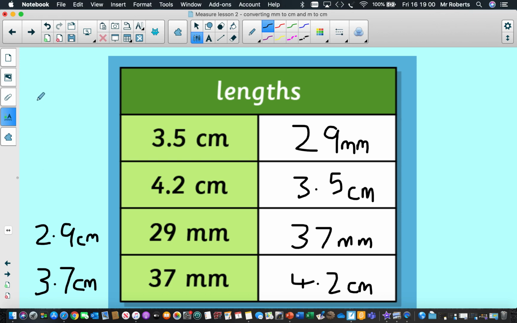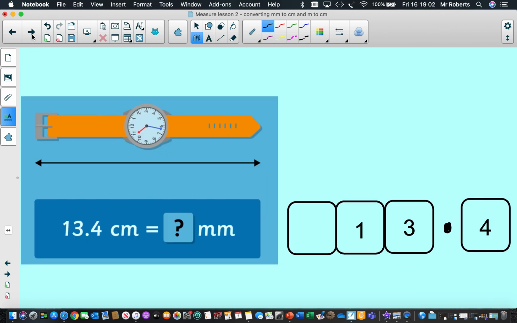Fantastic. Okay, so the next thing we need to look at is this problem here. So I've got 13.4 centimetres. What is that in millimetres? So first thing I need to ask myself, am I dividing or am I multiplying by 10? Now, millimetres are 10 times bigger, so I'm multiplying by 10.